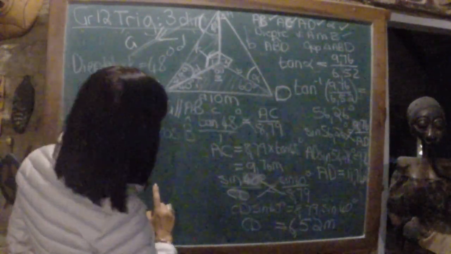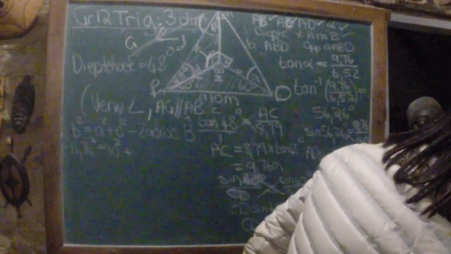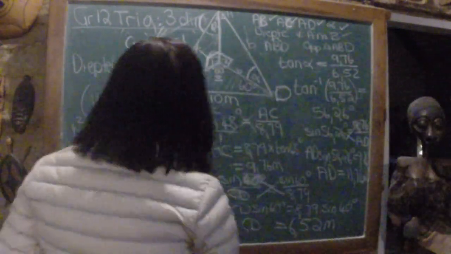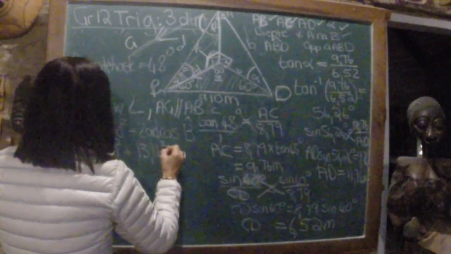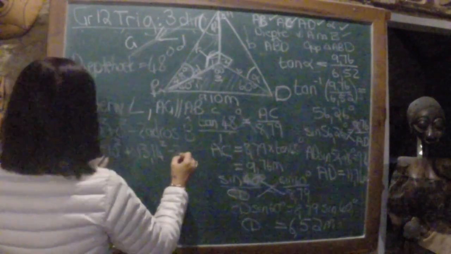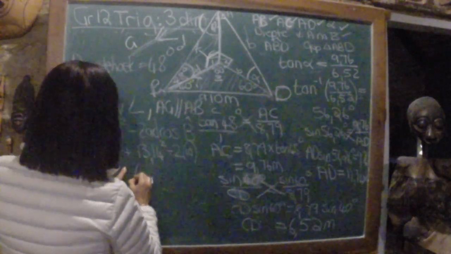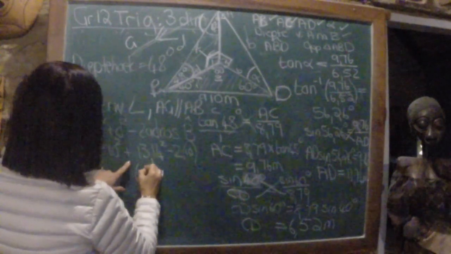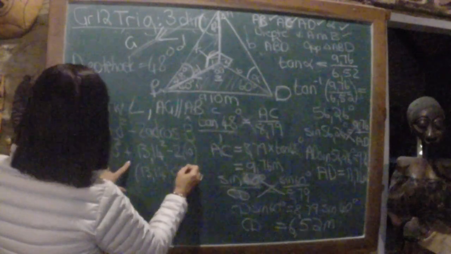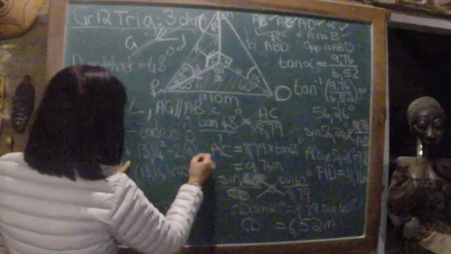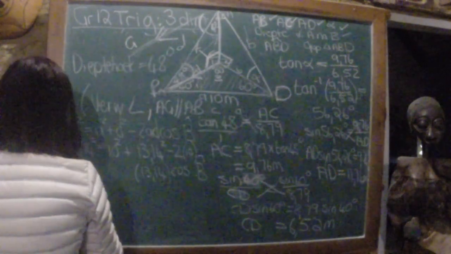So let's just quickly see, where did we calculate AB? That was the first one. I've erased it. AB 13,14 squared minus 2aD cosinus of angle B. And angle B in this case is going to be ABD.